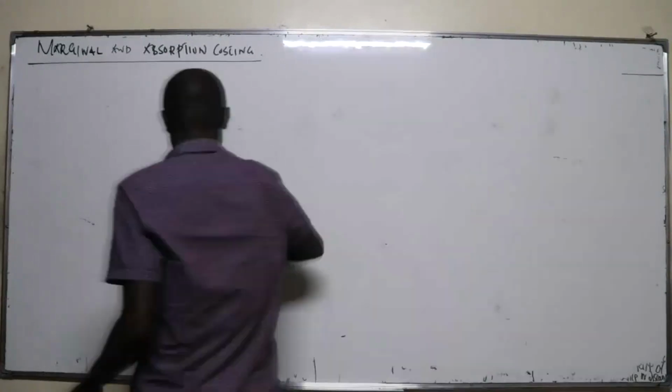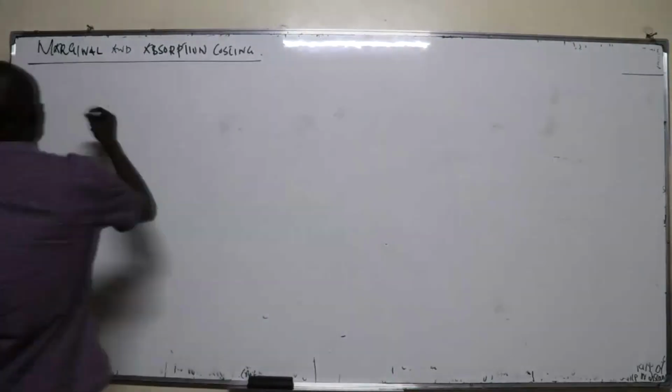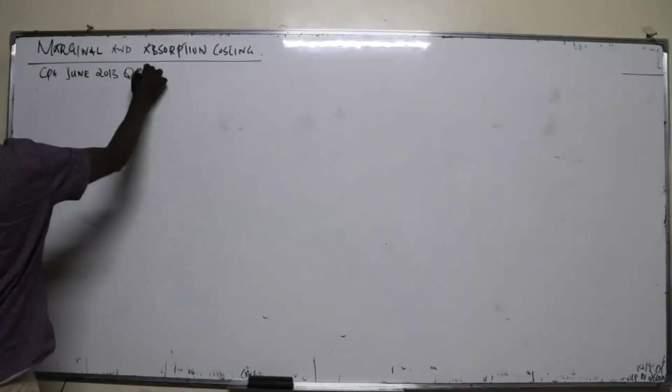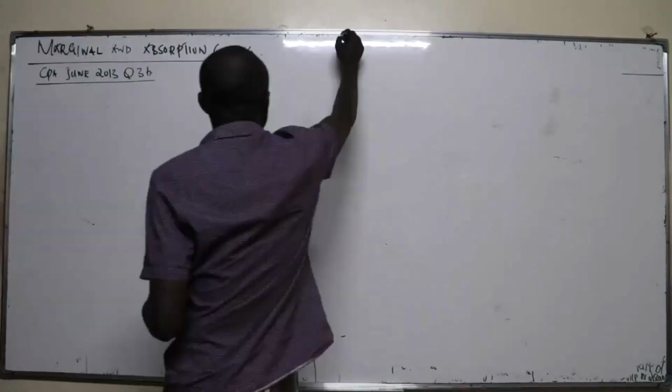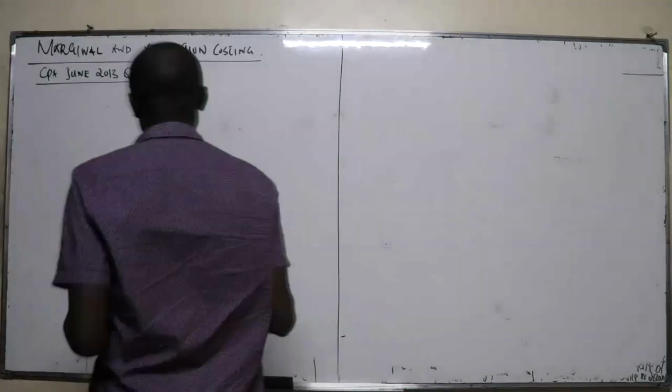So here we are doing CPA June 2013, question number 3B, marginal and absorption costing.